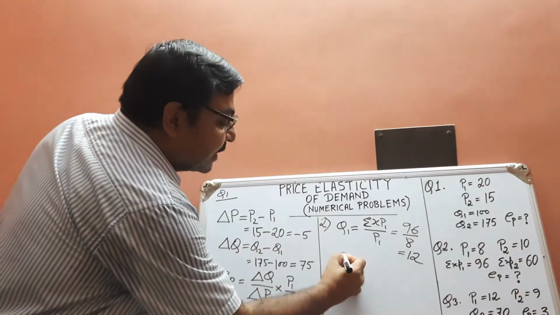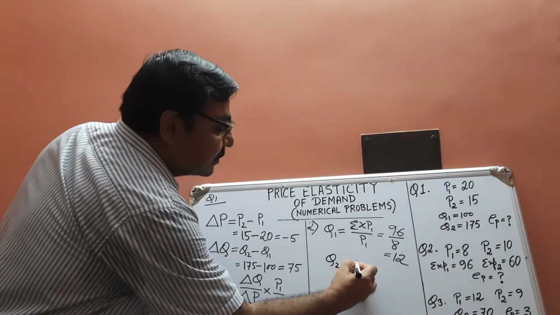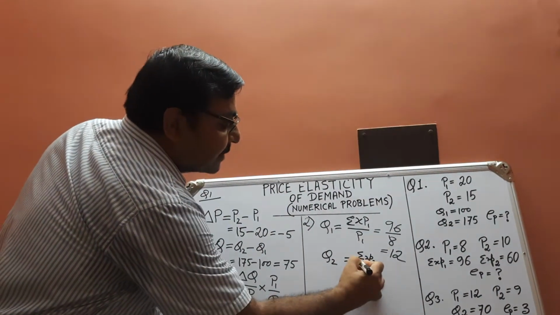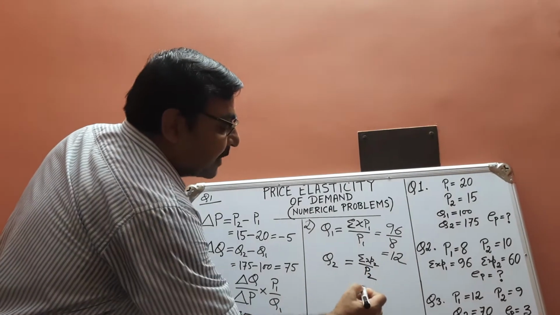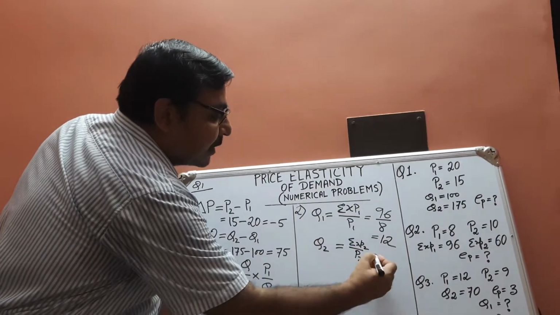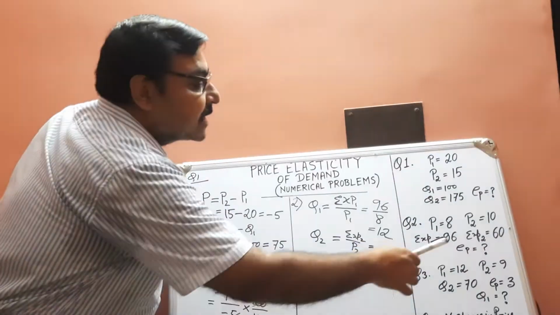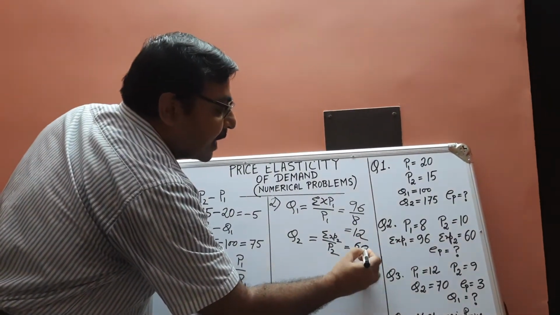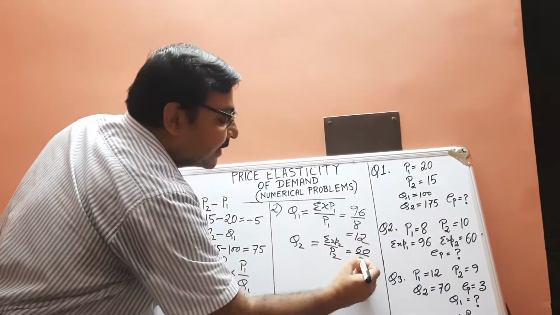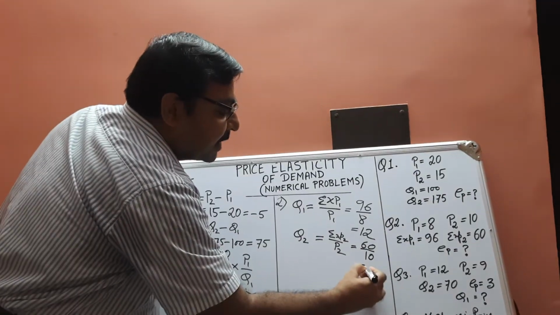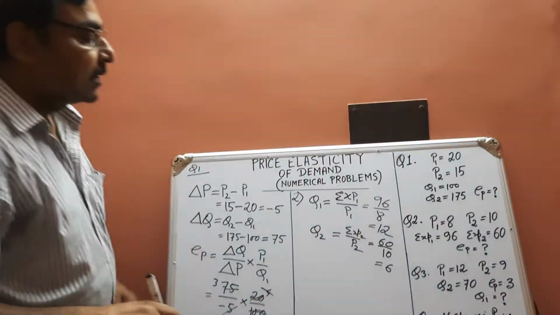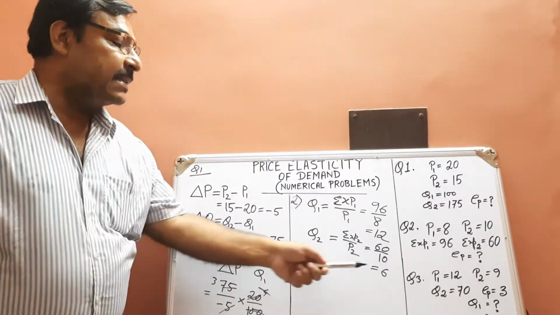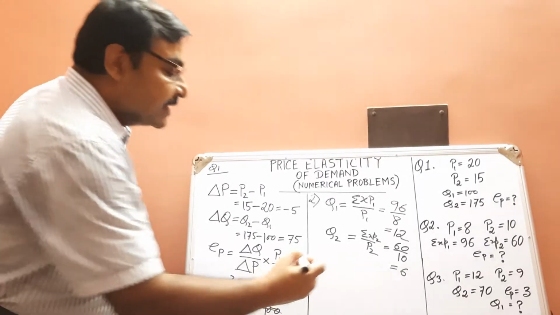Same when we calculate the change demand Q2. Q2 is equal to change expenditure by change price, is equal to change expenditure 60 and change price 10, becoming 6. So you have now got initial demand 12 and change demand 6. Now find out the change in demand.